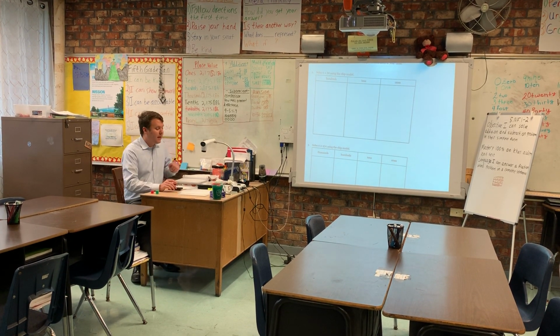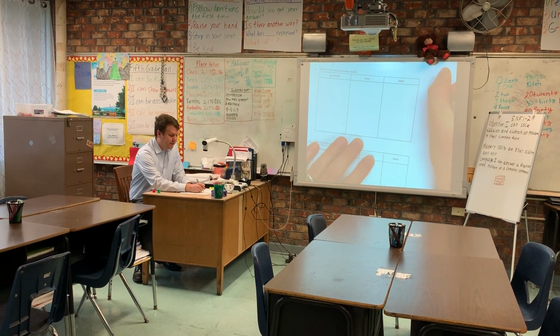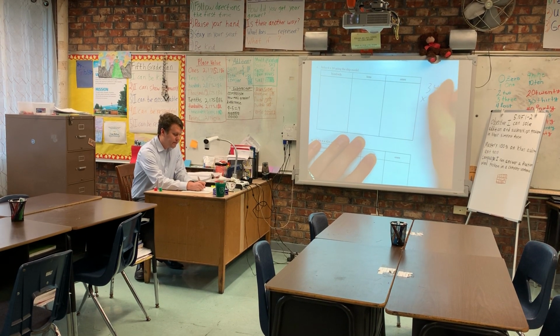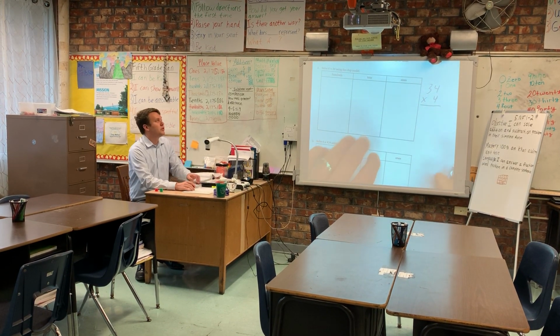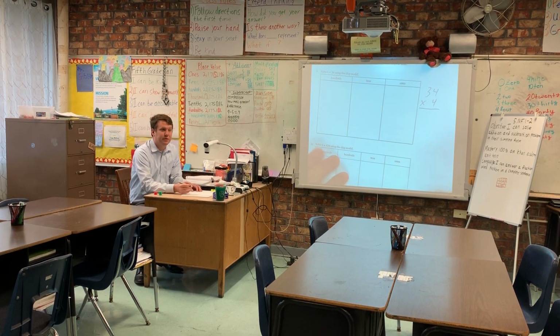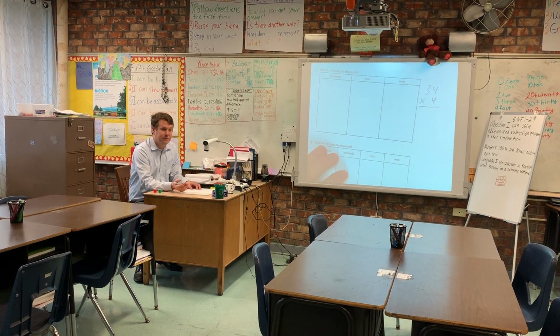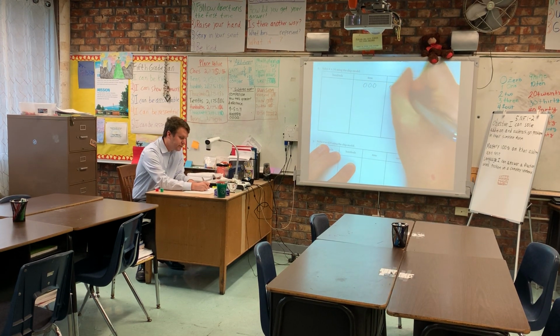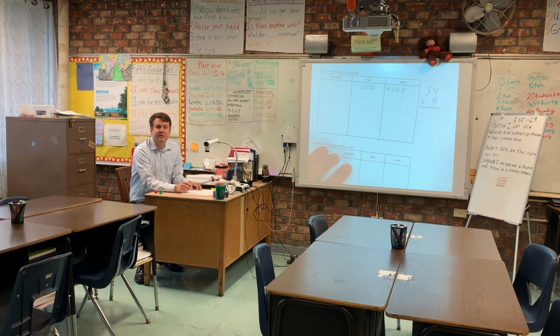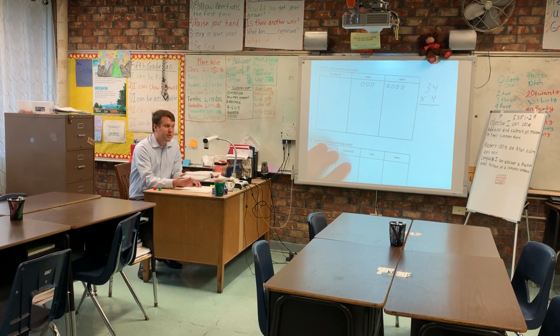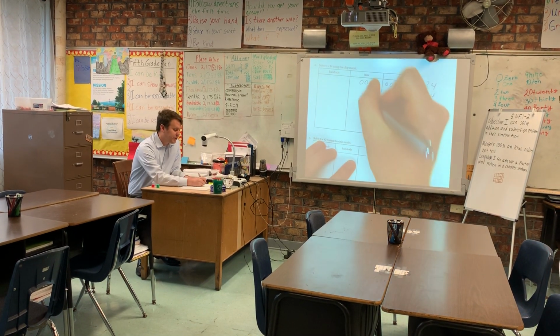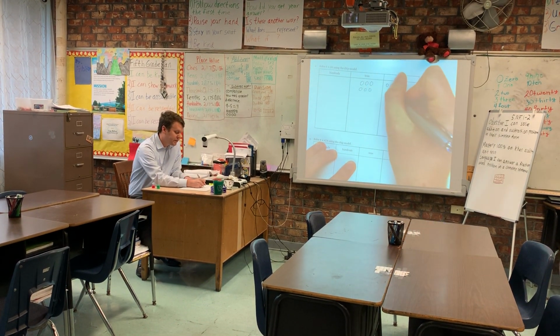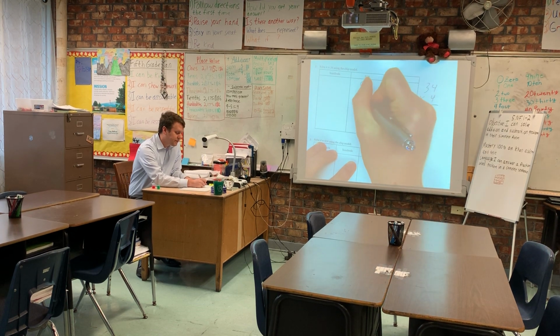So let's first write down 34 times 4. And we're going to, again, break 34 into unit form. So what's 34 in unit form? 3 tens, 4 ones. And since we're multiplying by 4, we have to make 3 more copies of 34. So we'll end up with 4 30s and 4 4s.